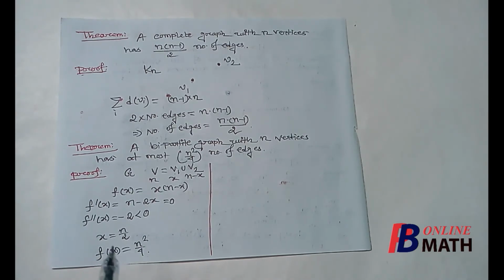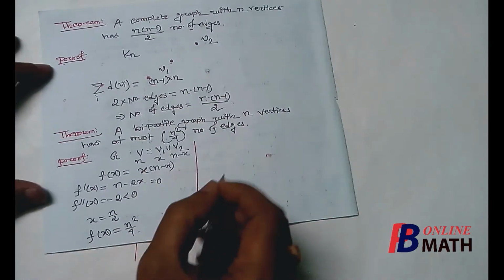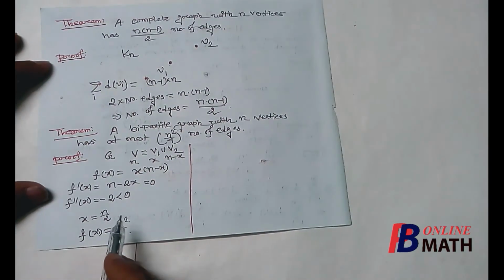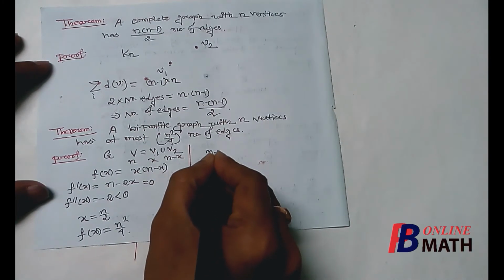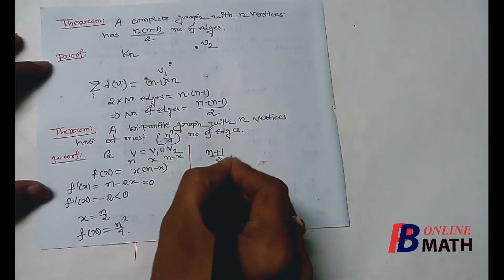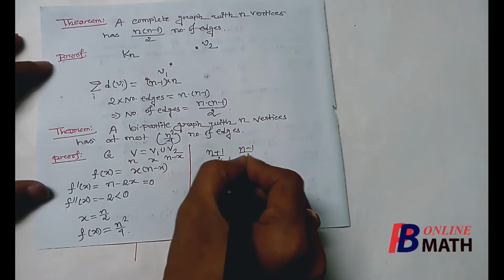But we know that to get the maximum number of edges, we have to break the set of vertices into two equal parts. Now in this case, we shall find the two nearest integers of n by 2. We know that if n is an odd number, then the two integers nearest to n by 2 are (n plus 1) by 2 and (n minus 1) by 2.